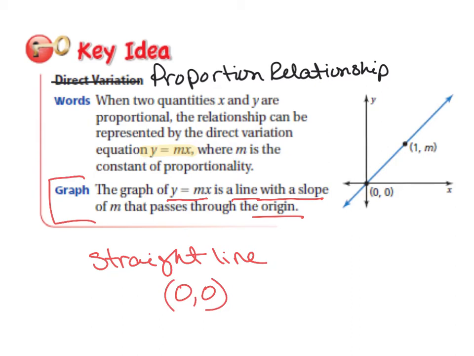Those are the two things we're looking at. Look at the picture here. We have a straight line, and it passes through the origin. Pause the video and write down the definition if you need to. Otherwise, we're going to talk about finding a proportional relationship on a graph and on a table.